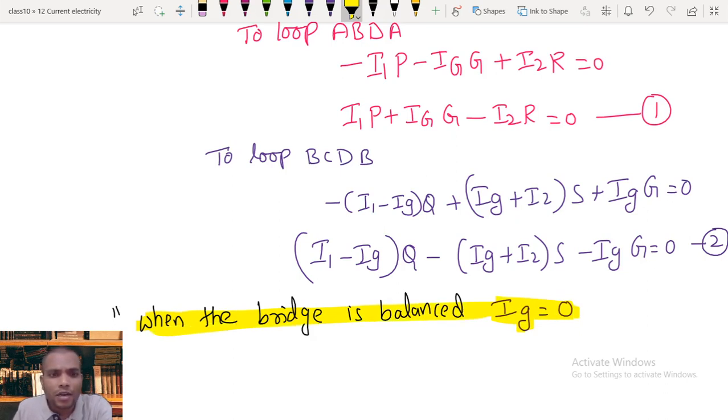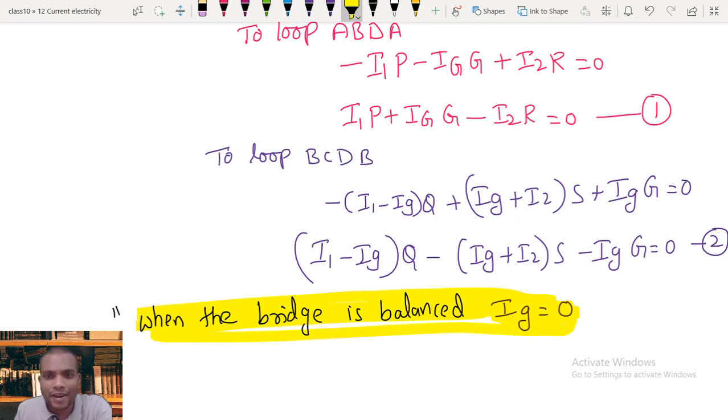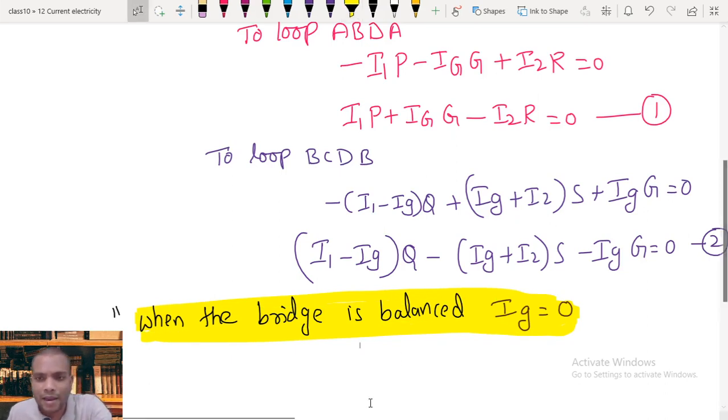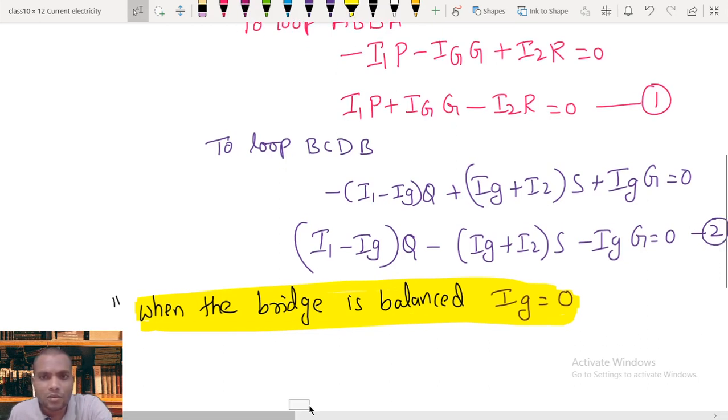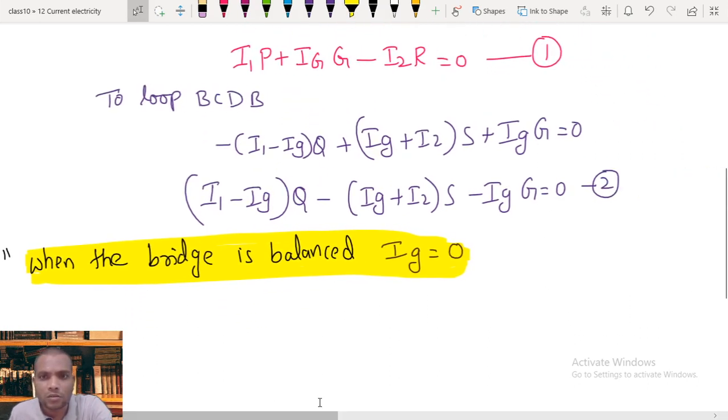So how does the galvanometer current go to 0? That we will understand by writing mathematical expressions. For a moment you can consider this as a statement: when the bridge is balanced, the current through the galvanometer is equal to 0.